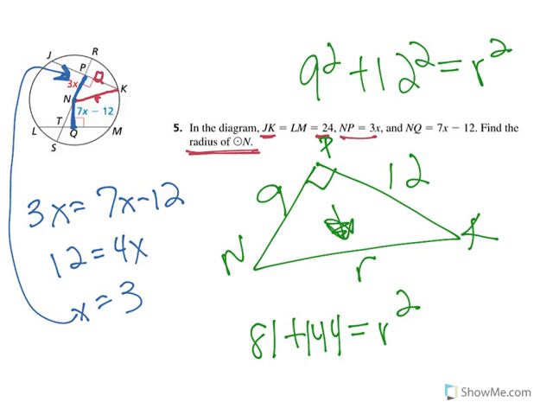That would be 225. Again, I know what the answer is, but let me just double check on my calculator. 81 plus 144, oh yeah, it is 225, equals r squared. Take the square root of both sides, and the square root of 225 is, in fact, 15.